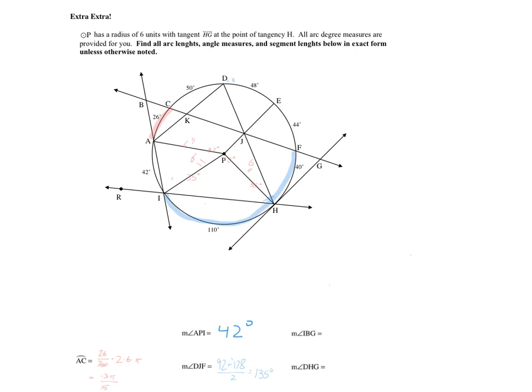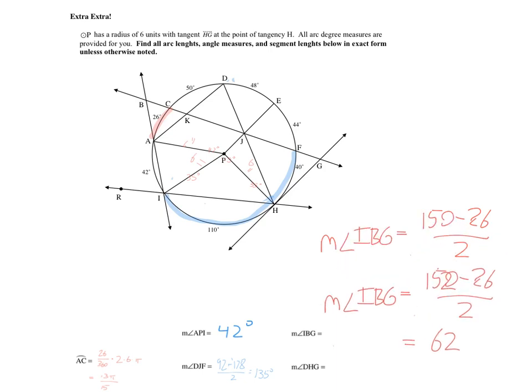There we go. So the measure of angle IBG is going to be 150 minus 26, divided by 2. That is just going to be 62. Vertex outside made of two secants. So let's shrink that down to size.